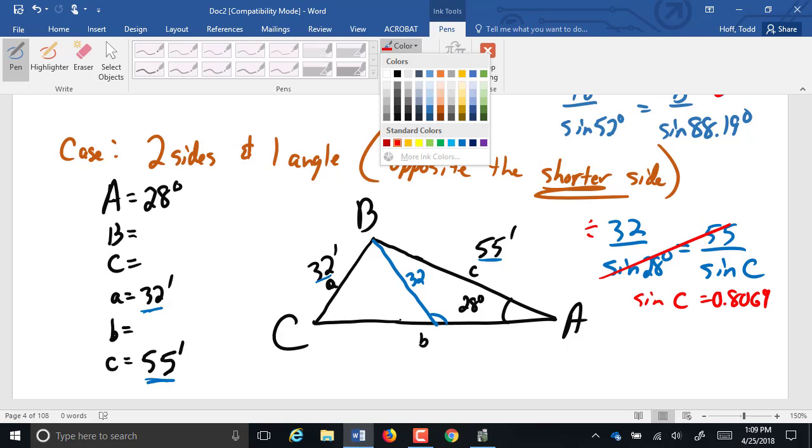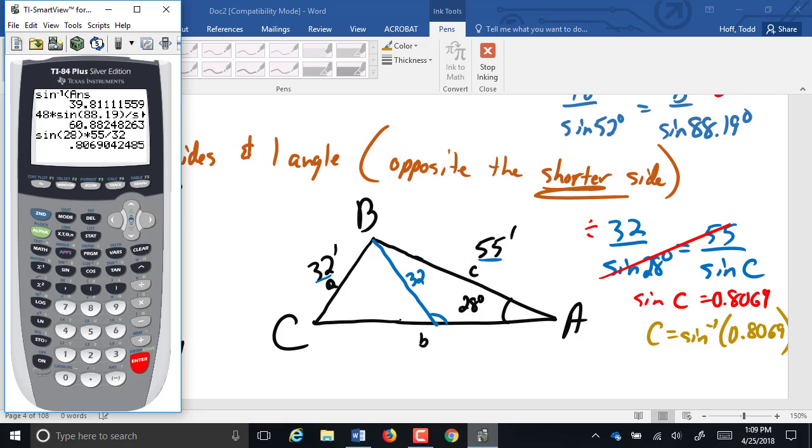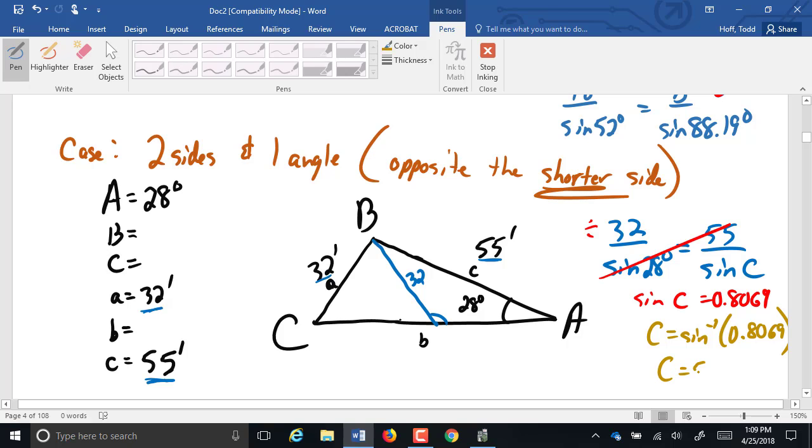Which means C is the inverse sine of 0.8069. So do second sine. We get 53.79 degrees.